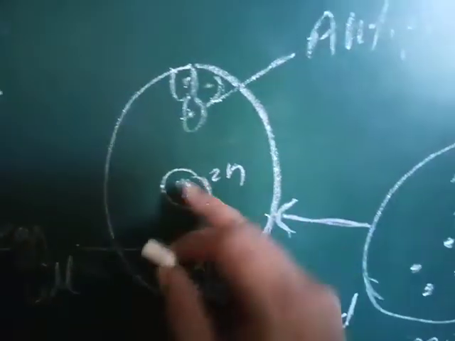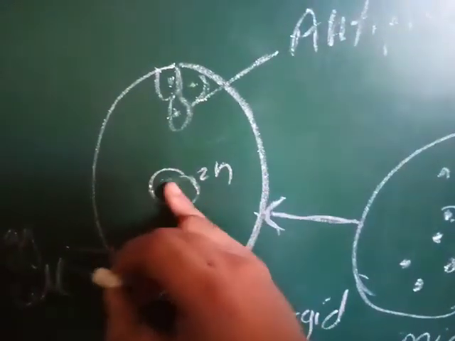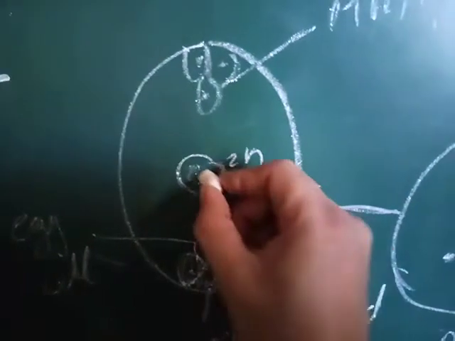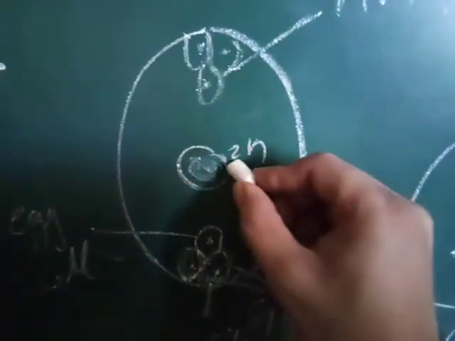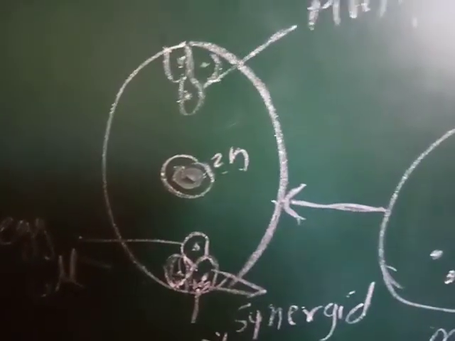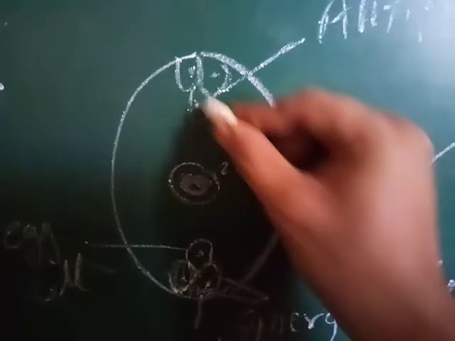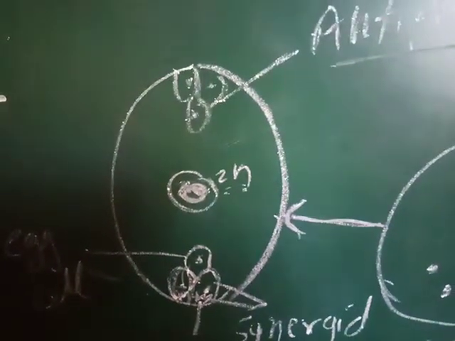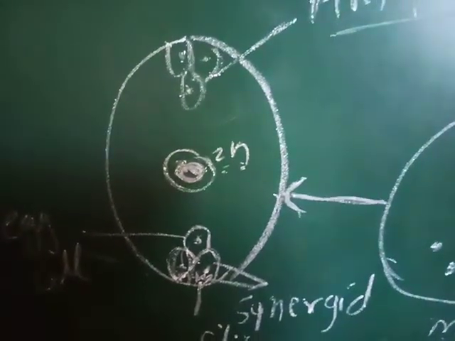And these two nuclei are called the polar nuclei. The polar nuclei fuse just before fertilization, and that particular nucleus, the definitive nucleus or secondary nucleus, will be diploid. The three antipodals are haploid, and they degenerate after fertilization.